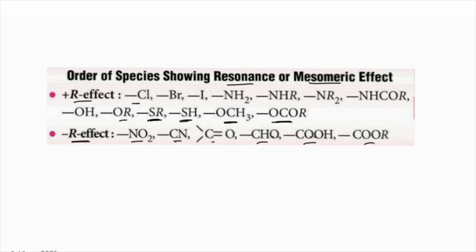So this is the order of plus R effect shown by these groups in different molecules. Similarly, the minus R effect is shown in this order. If you remember this order, you will be able to find out which molecule will have greater plus R effect and which will have the least or greatest minus R effect.